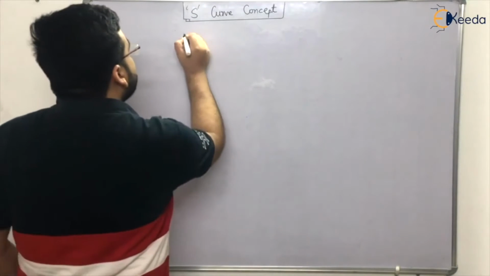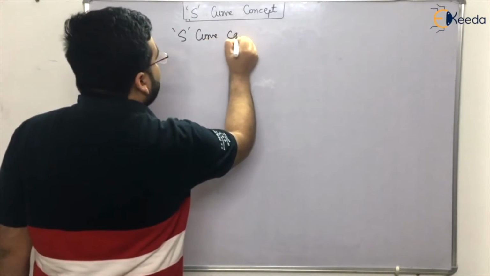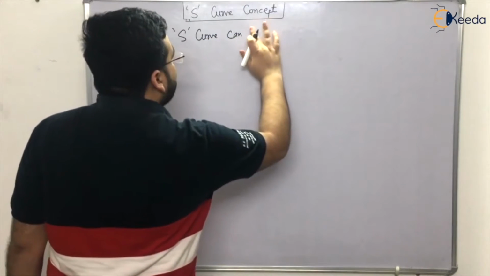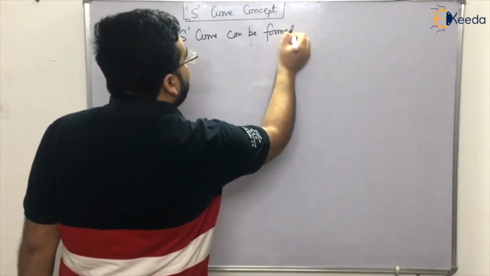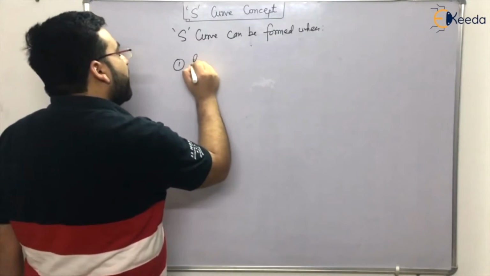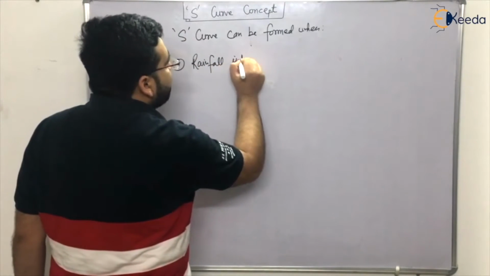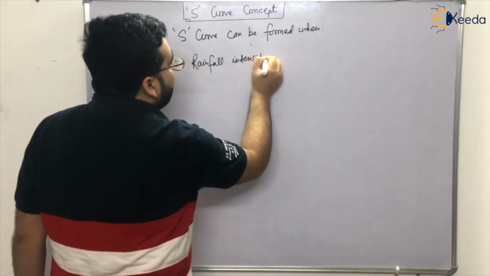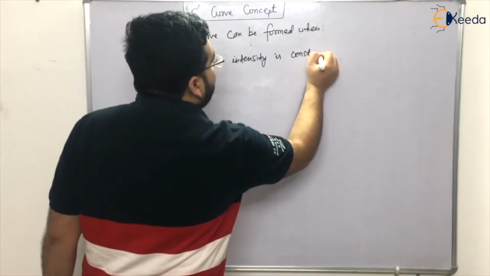The S-curve can be formed when the first assumption holds: rainfall intensity is constant. Clear?